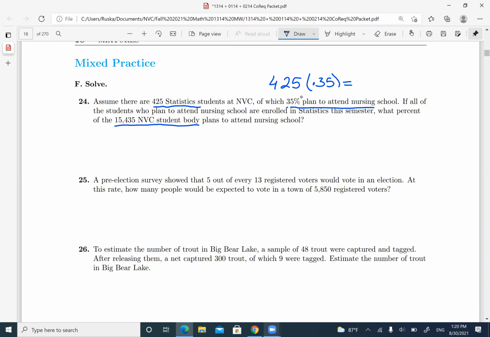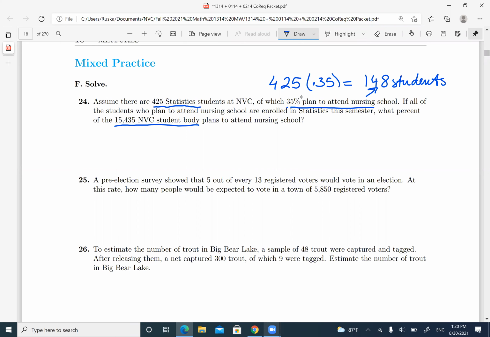We have 425 multiplied by 0.35. That's going to be 148.7. I'm going to say 148 students.